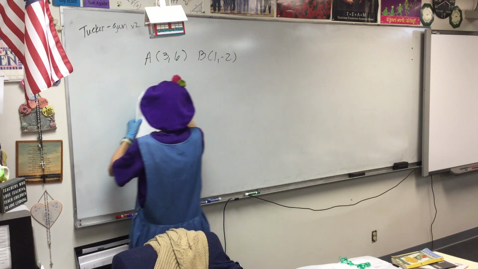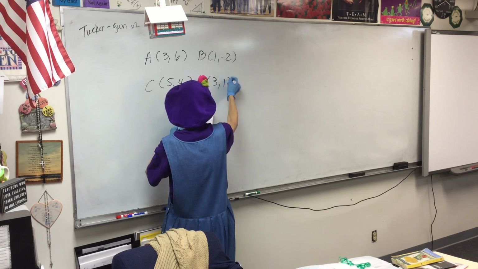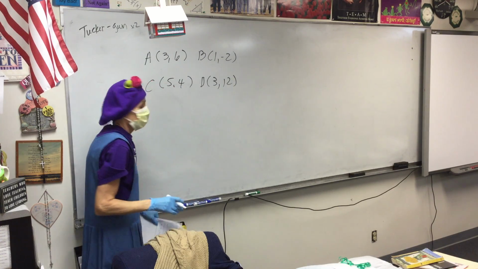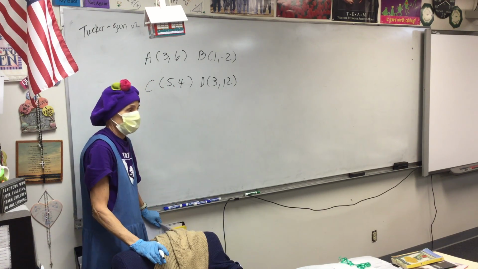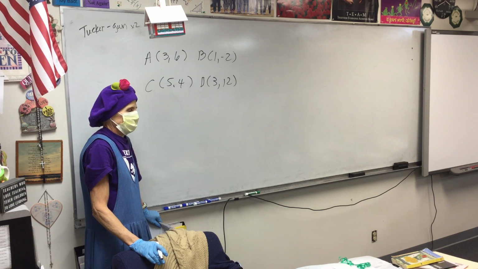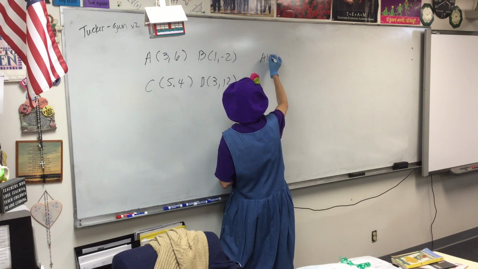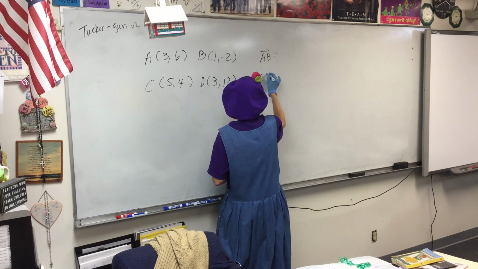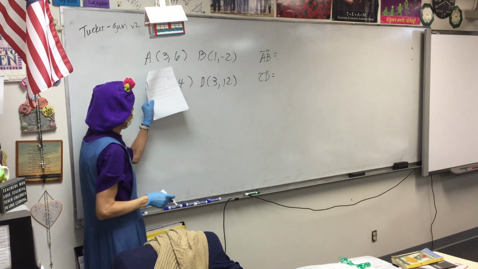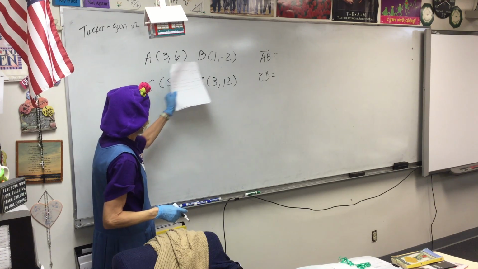So we just did this. What is our strategy? If we want to know if these guys are equal, we find the directed distance or the coordinates for both vectors, right? So what is the directed distance, or what are the coordinates for this vector right here, from A to B?